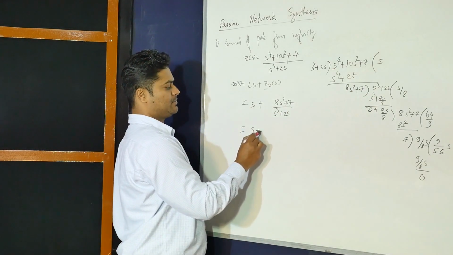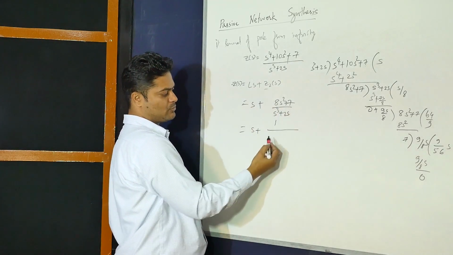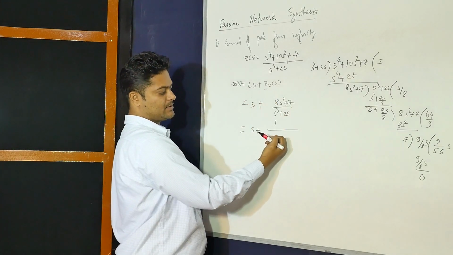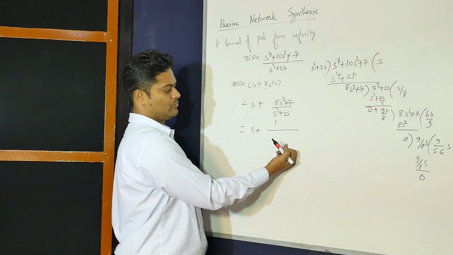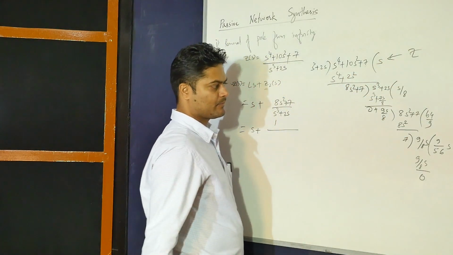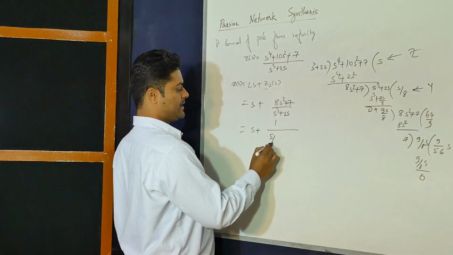So we end up with s plus 1 by this we made into. So Z next becomes Y. This is z, this is z1, this is z2. It becomes 1 by y2. Here this is representing the z term. Whatever we do next is representing a y term, that is s by 8 is the y.